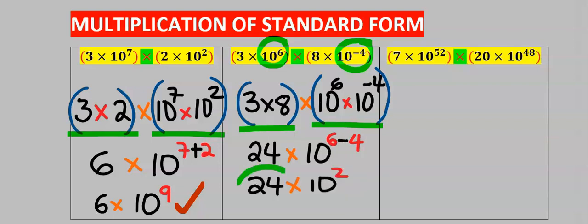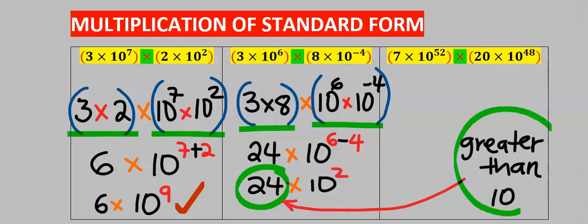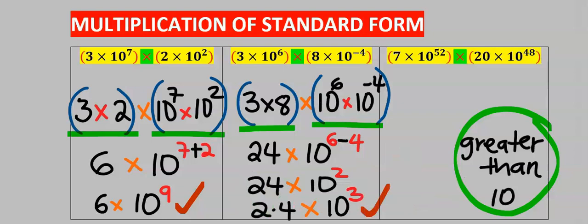Next, 24 is greater than 10, and this is not allowed in standard form. Because of this, I'm going to introduce a decimal to become 2.4, and I'm going to increase this 2 to become 3, and this becomes our answer.